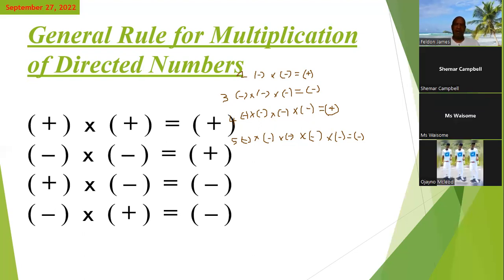Odd numbers. Right. So what can you say now in terms of a rule? When multiplying by odd numbers, you get a negative answer, and when multiplying by an even number, you get a positive answer.